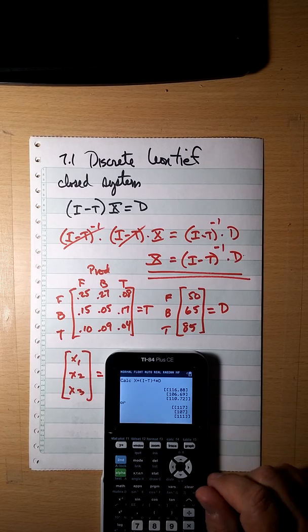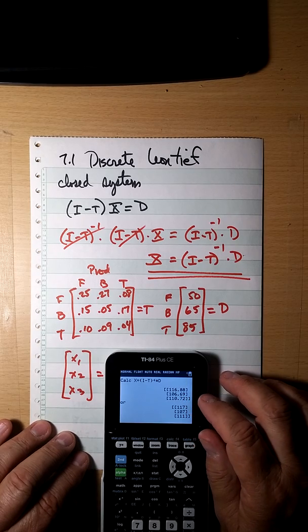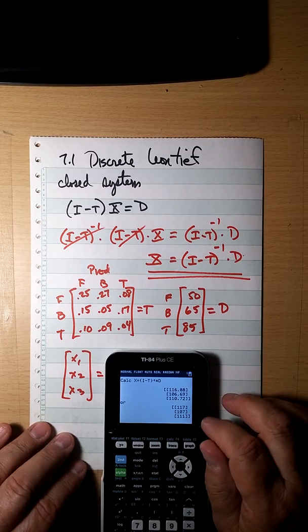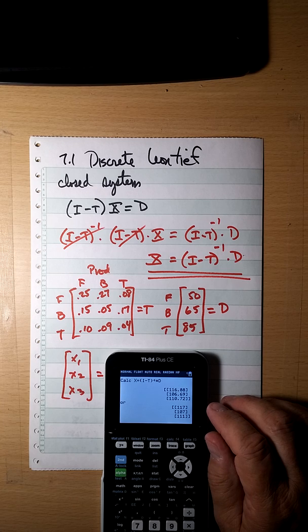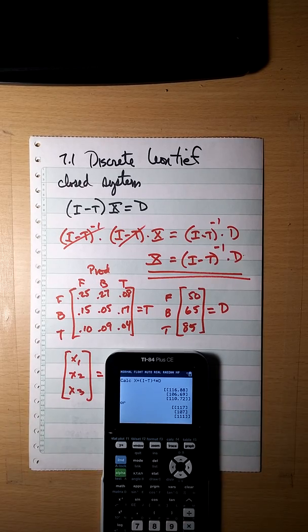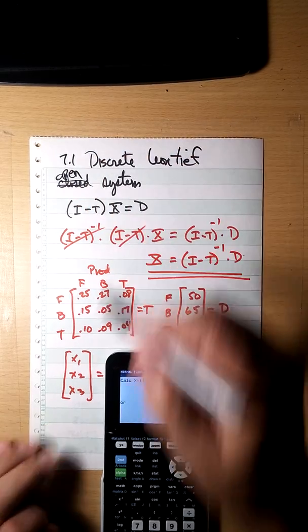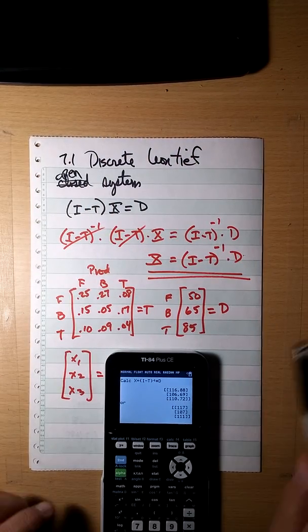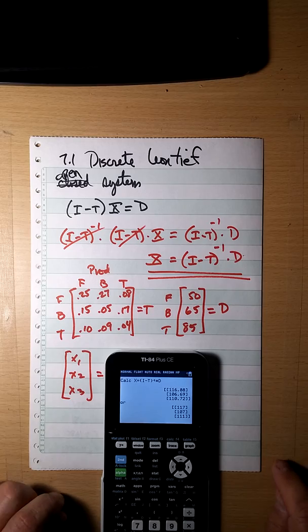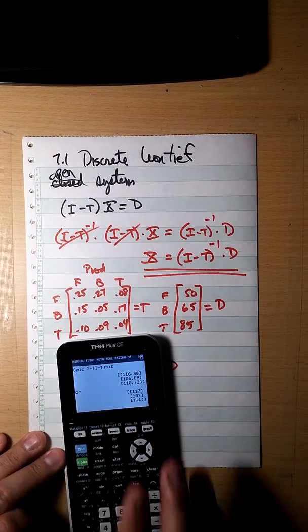Now we calculated x before. It was a little bit different, because it was the closed system. This is now an open system. I put closed up there again. This is an open system, and it now gives me these numbers.